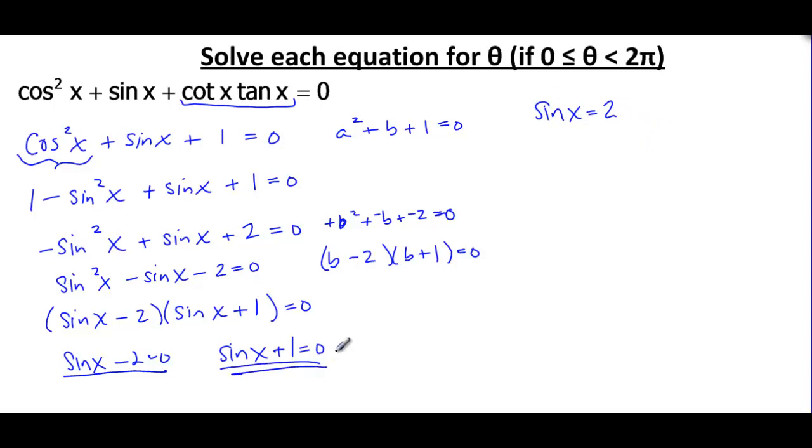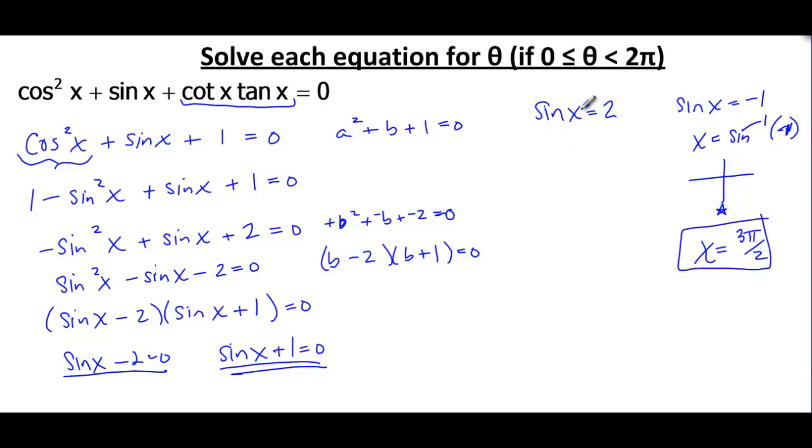This one is going to be sine of x equals negative 1. Well, we just did this one a second ago, so let's do this one first. So I know this is inverse sine of negative 1. So again, when is sine a negative 1? It's right down here, so we're going to get x is equal to 3 pi over 2.